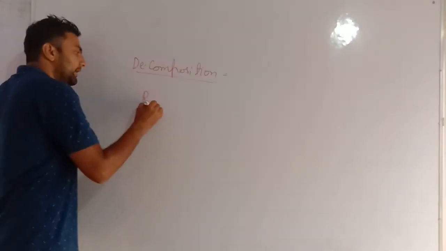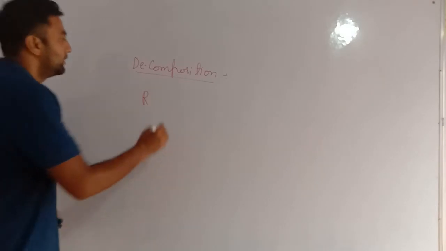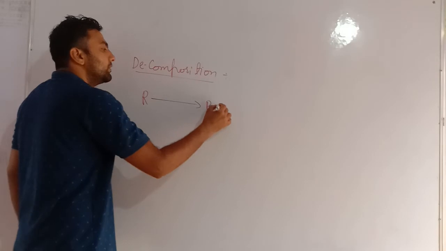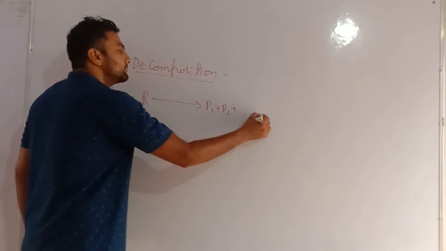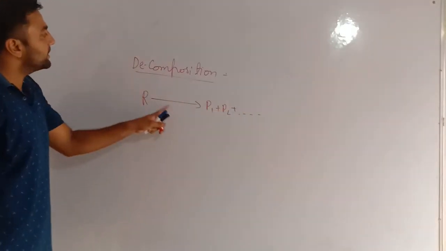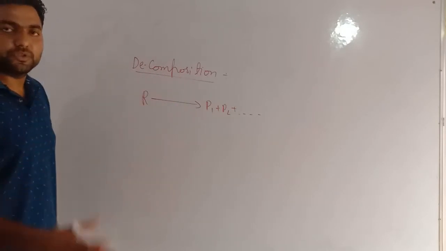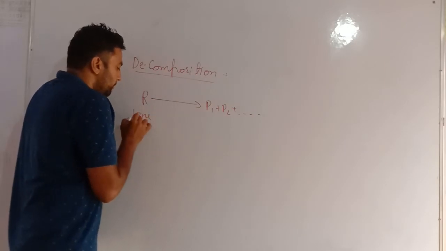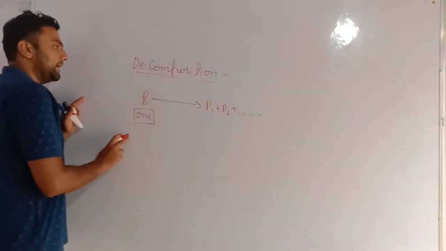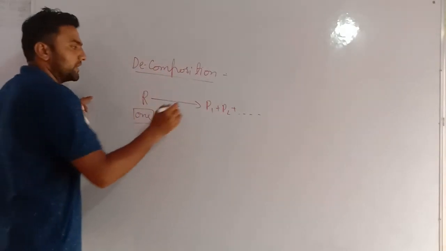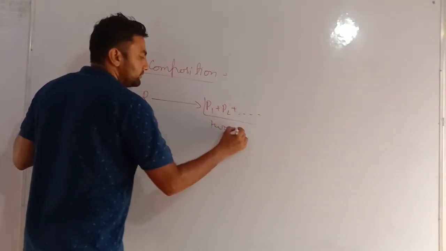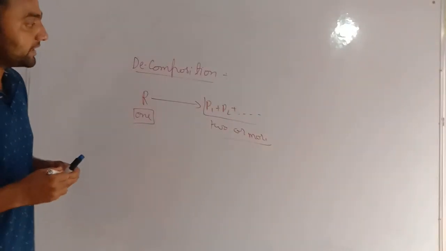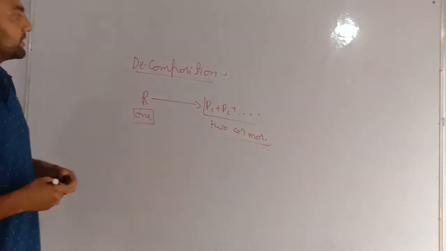If any reactant goes through chemical reaction and if I am getting more than one product, two or more, such a reaction is called decomposition reaction. Very important. One single reactant going through any chemical process and giving me two or more products after reaction, such a reaction is known as decomposition reaction.